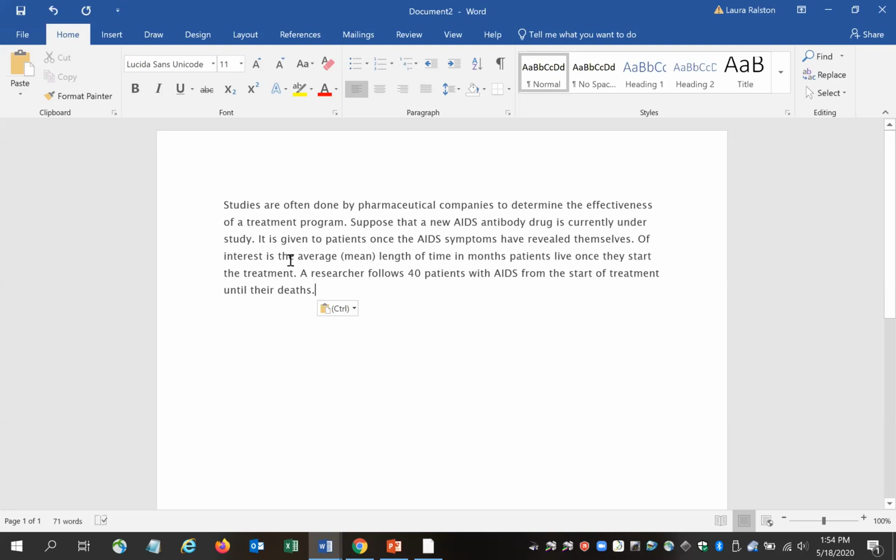Of interest is the average or the mean length of time in months patients live once they start the treatment. A researcher follows 40 patients with AIDS from the start of the treatment until their deaths.